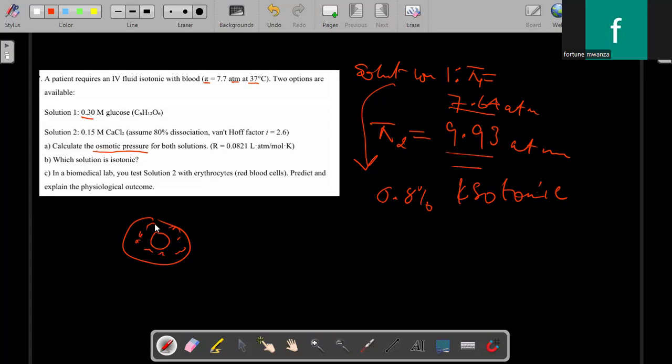By osmosis, the water molecules inside the cell will start moving out of the cell to the ECF. So the cell will undergo crenation, or shrinking. That is what is going to happen when you place your red blood cell in this solution.